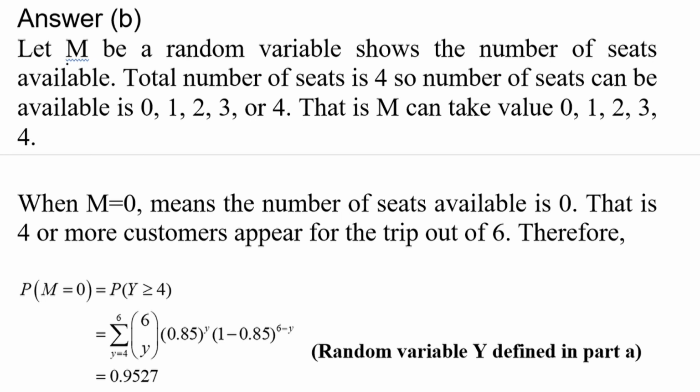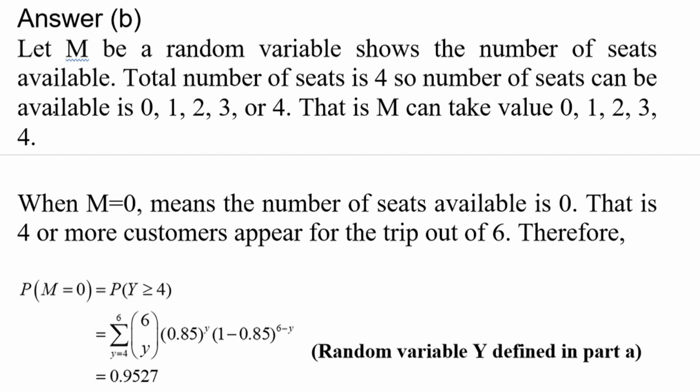Here, define a new random variable M that shows the number of seats available in the limousine when it departs. Right? It is given in the question that there are only 4 seats in the limousine.